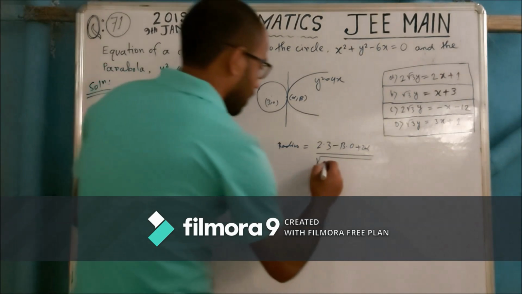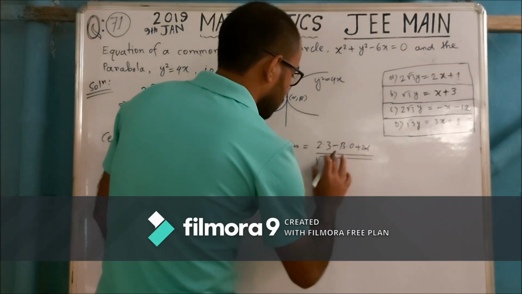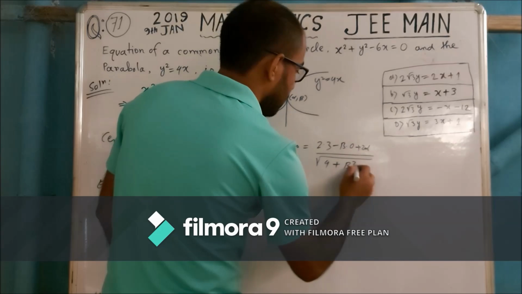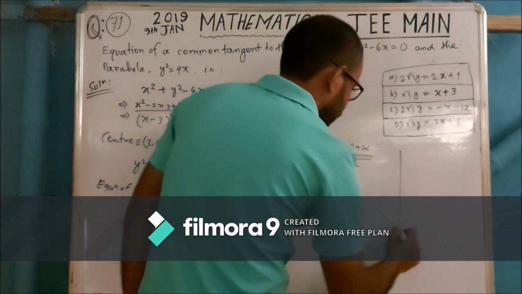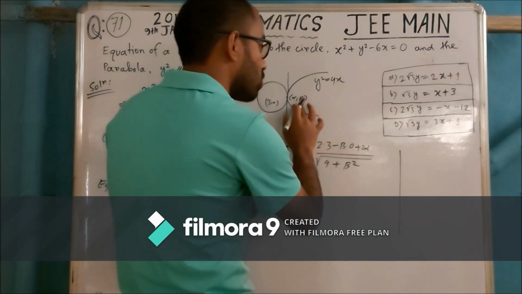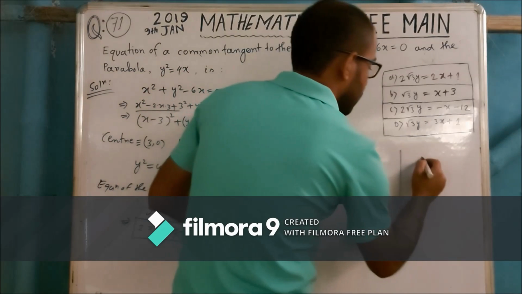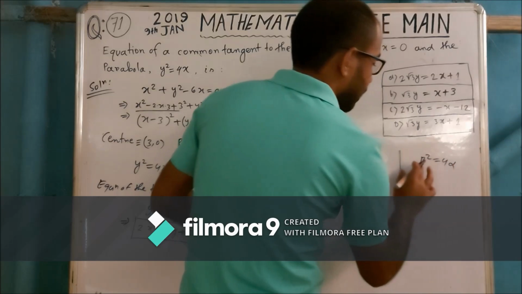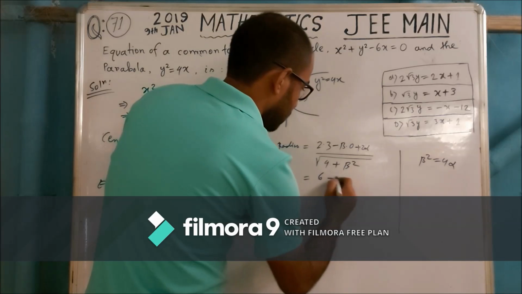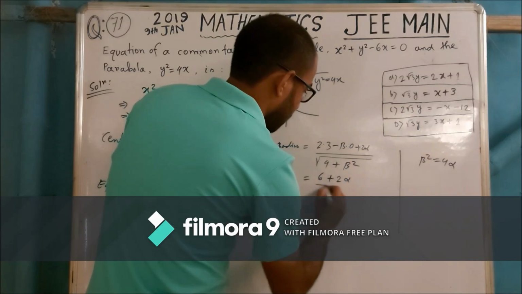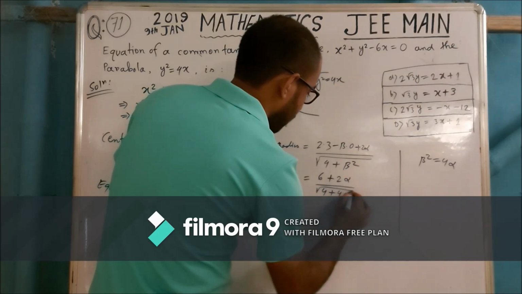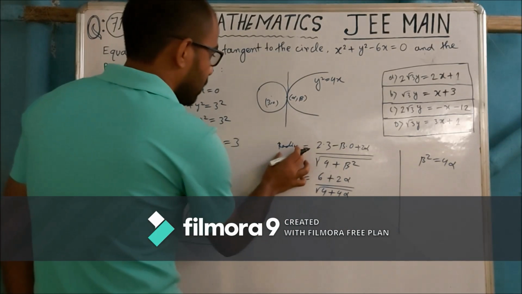So we write 4 plus beta square. Also, since this point lies on the parabola, it satisfies the equation, so beta square equal to 4 alpha. So we get (6 plus 2 alpha) by root of (4 plus 4 alpha), and the radius of the circle is equal to 3.